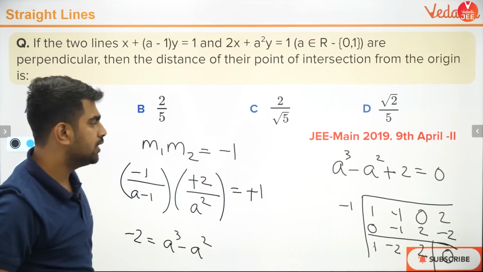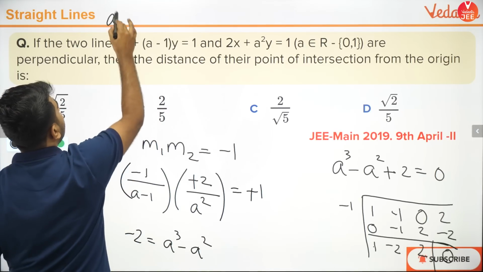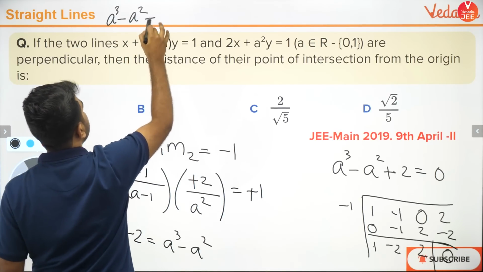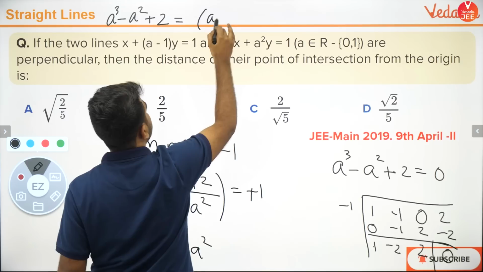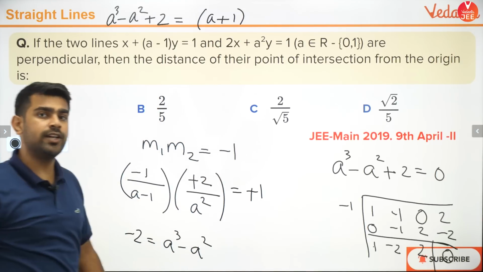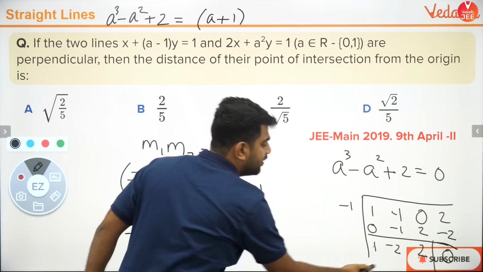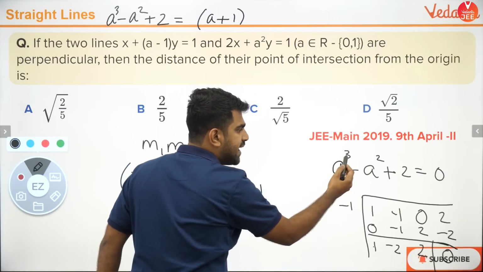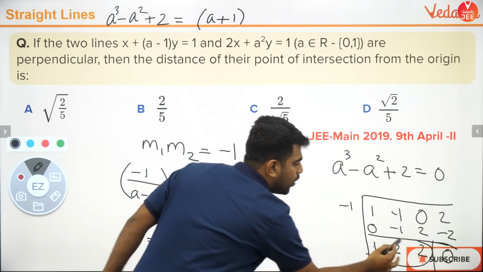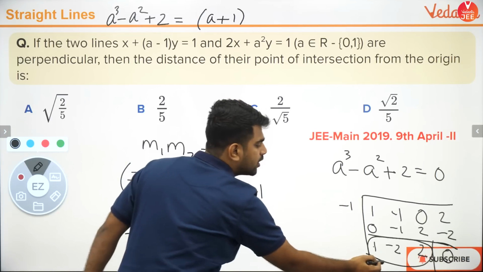Now, let's write down. I have a³ - a² + 2. I factorize this as (a + 1) because -1 is a root. The remaining factor is what we get from synthetic division. I started off with a cube, so after I remove a linear factor, I will be left with a quadratic.